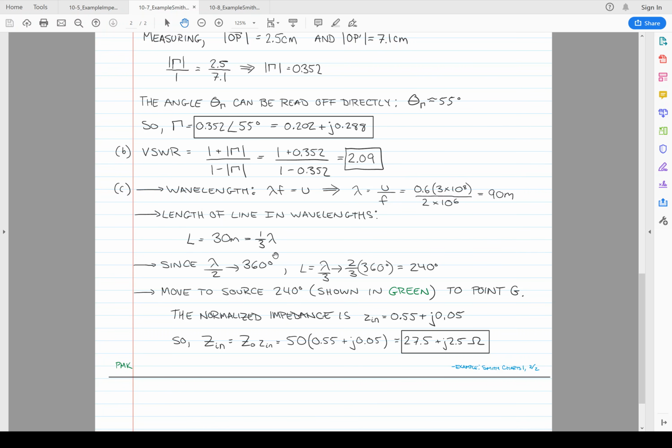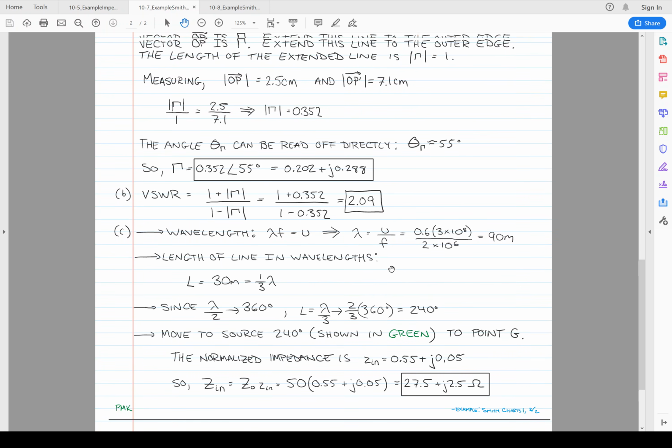If I go all the way around the Smith chart, I've gone lambda over 2. So for lambda over 3, you can set up a proportion: lambda over 2 is to 360 as lambda over 3 is to x, and you solve for x and get 240 degrees.